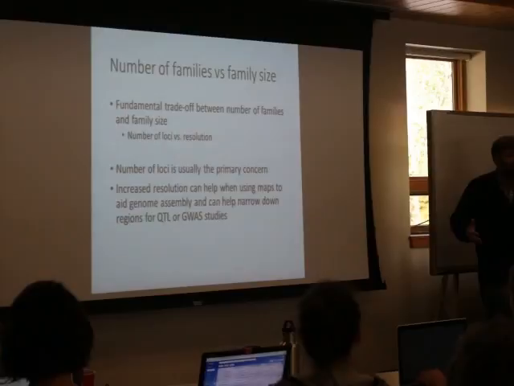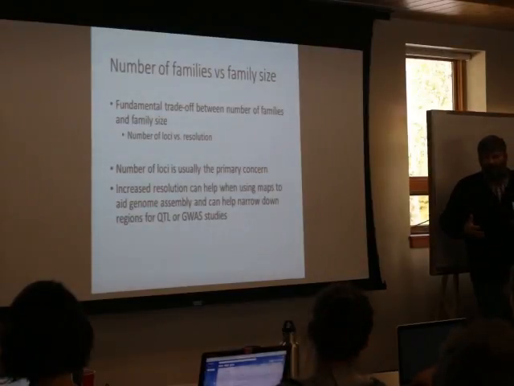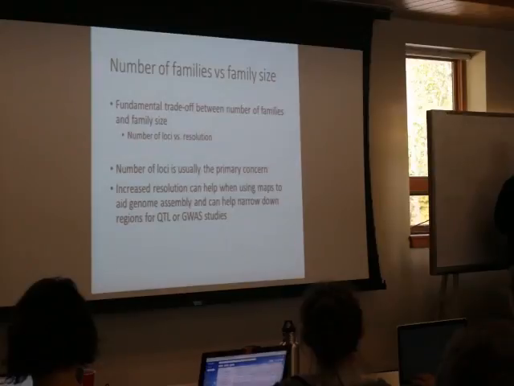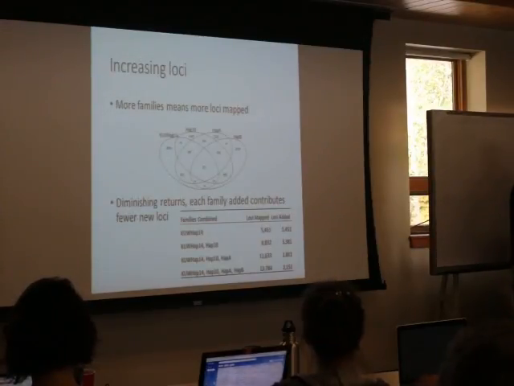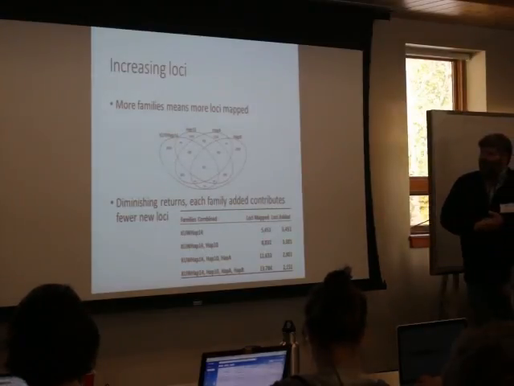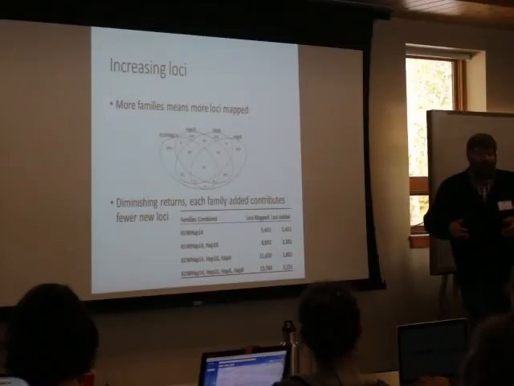If you're doing a genome assembly, it can help to have fine-scale resolution between markers to help order chromosomes. And having fine-scale resolution can also help in QTL or GWAS studies for finer mapping of traits. So this is an example also from my Chinook map showing the effect of having more families.